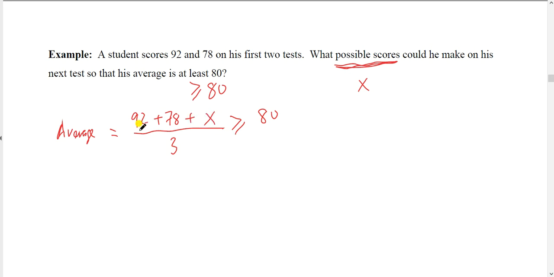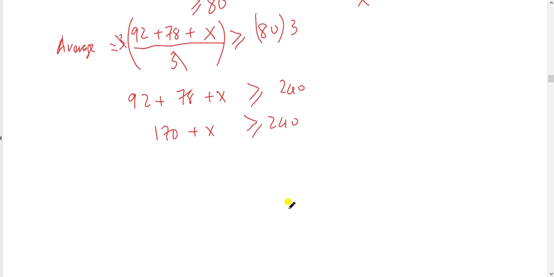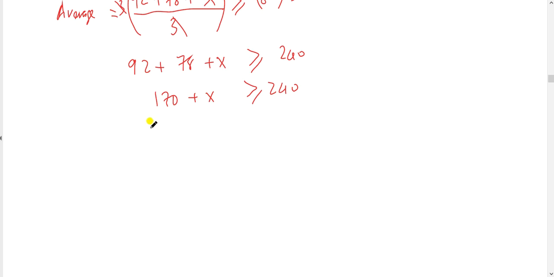You can solve for x by first multiplying both sides by 3, because the 3 and 3 here cancel. So the left side has 92 plus 78 plus x is bigger than or equal to 80 times 3, which is 240. Combine the terms: 92 plus 78 is 170, plus x, bigger than or equal to 240. Now you want to solve for x, so you subtract 170 on both sides.